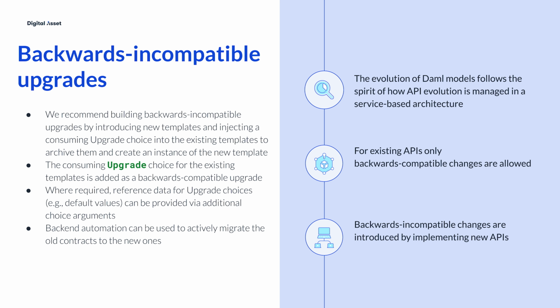Backend automation can be used to actively migrate the old contracts to the new ones. This will incur downtime on workflows until their contracts have been converted by the automation. This approach to upgrading Daml models was discussed in detail in Course 3 of the Daml Contract Developer Certification.